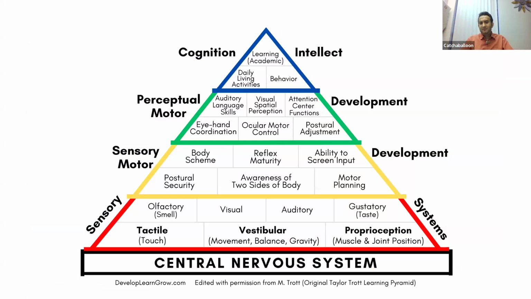So as you see here, we have 7 important systems. The vestibular system, tactile and proprioception are the most important ones, playing big roles in modulating and controlling the gate of other sensory systems.